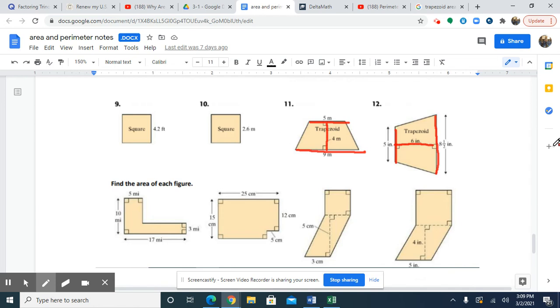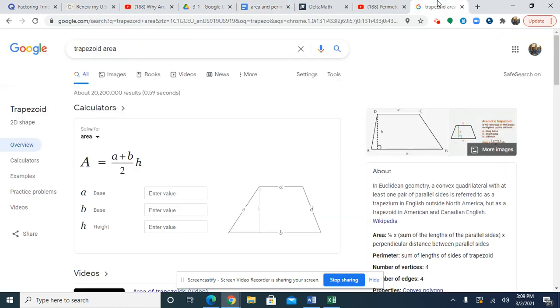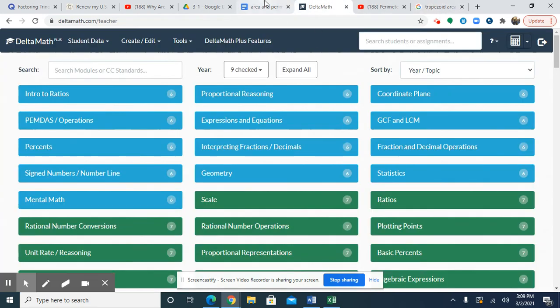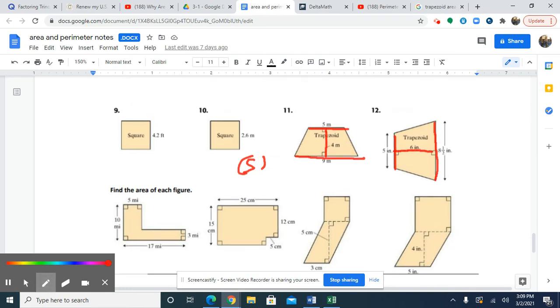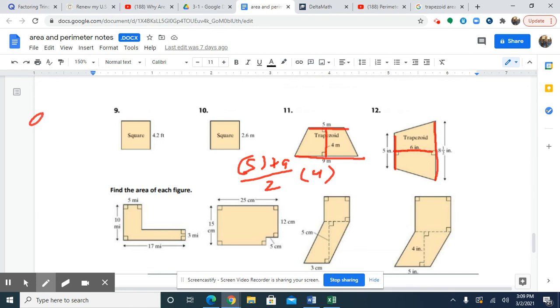So we're going to take base 1 of 5, and then we're going to add base 2 of 9, and we're going to divide those by 2. Whatever we get, we're going to multiply by the height. So it should be base A plus base B divided by 2 times the height.